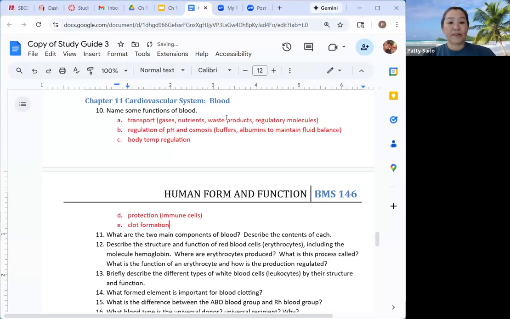All right. So it can transport. And that's what it is. It's a giant transport system. If you think about it, oxygen, nutrients from the food we eat, waste products, regulatory molecules such as hormones and enzymes and other things that are needed to regulate the body.